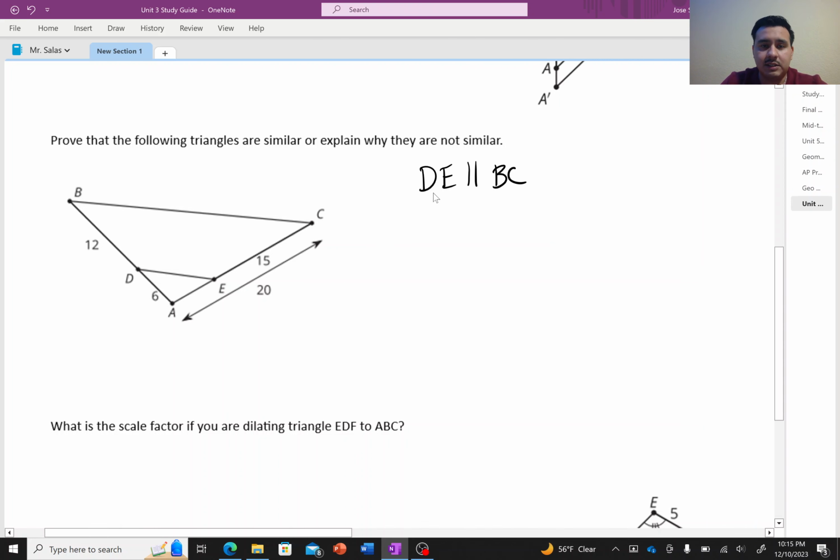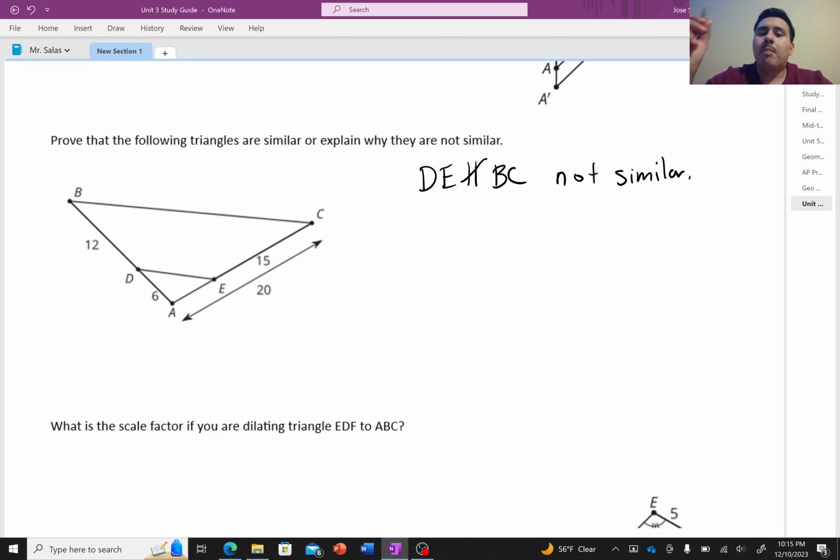In this case, the problem just says prove that the following triangles are similar or explain why they are not similar. It does not say anything about the lines of the triangles being parallel. So that's a big giveaway that this triangle already is not similar. So, not similar.